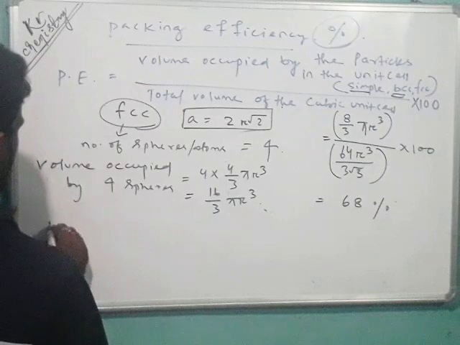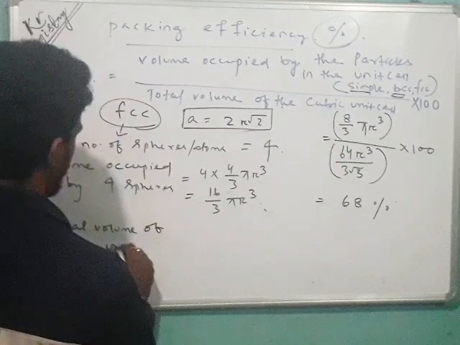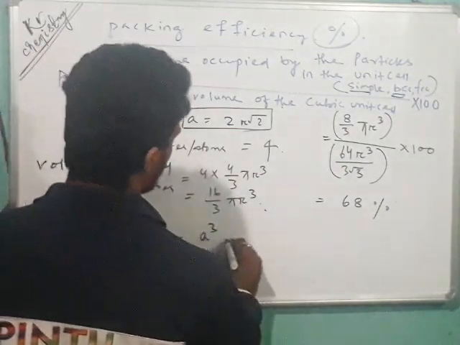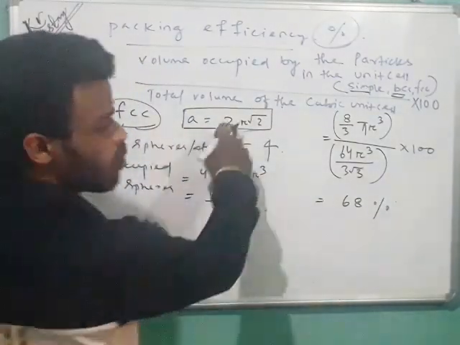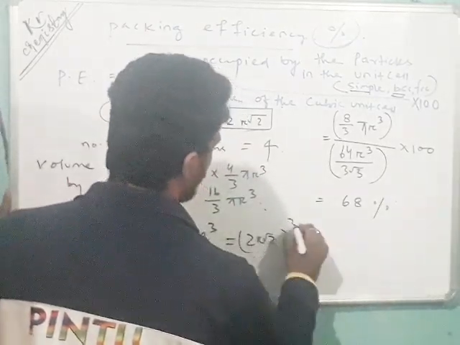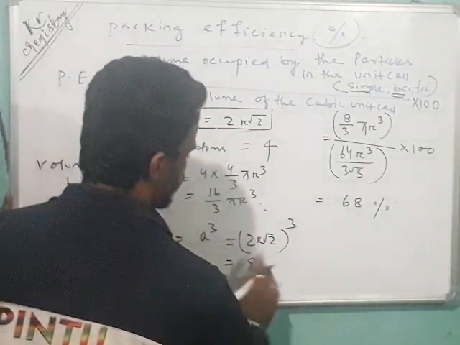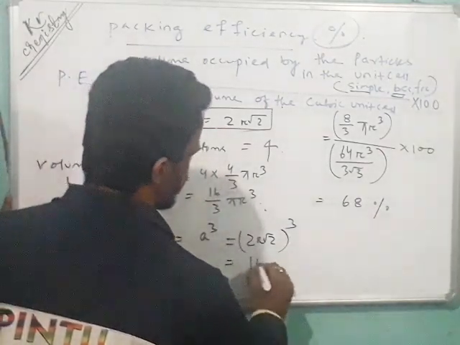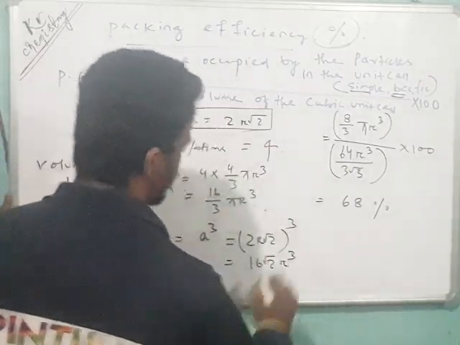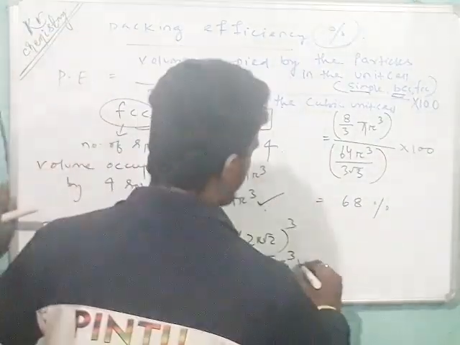And again the total volume of the unit cell is equal to a cube. Here the value of a is 2r root 2, so 2r root 2 whole cube is 16 root 2 r cube. These are the two values.